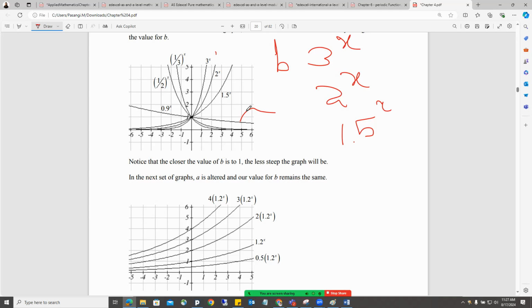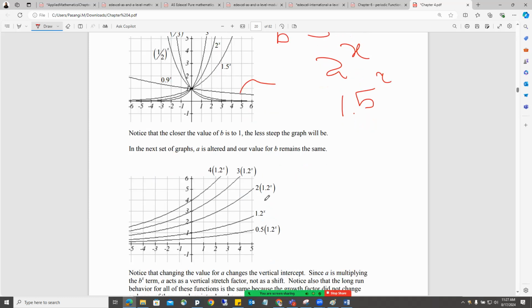But for the next few examples, b will remain the same. b means 1.2, and a means 4, 3, 2, those are the initial values. So now b is fixed, only a differs.